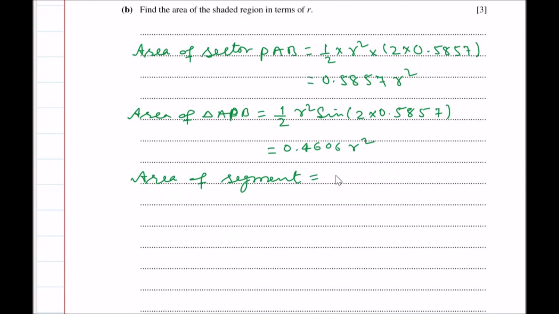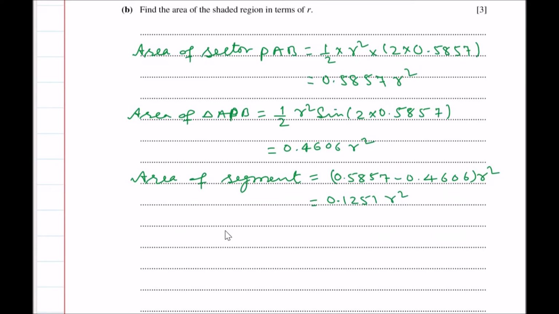So area of segment is given by area of sector minus area of the triangle. Area of sector is 0.5857 r squared minus 0.4606 r squared. So that will be 0.1251 r squared.